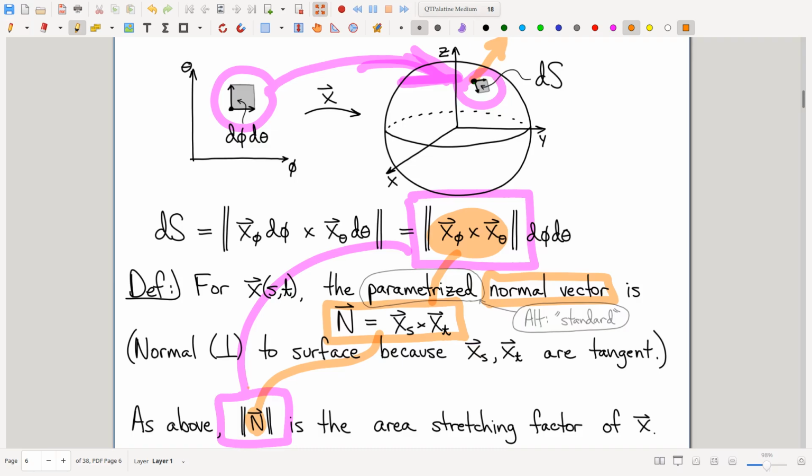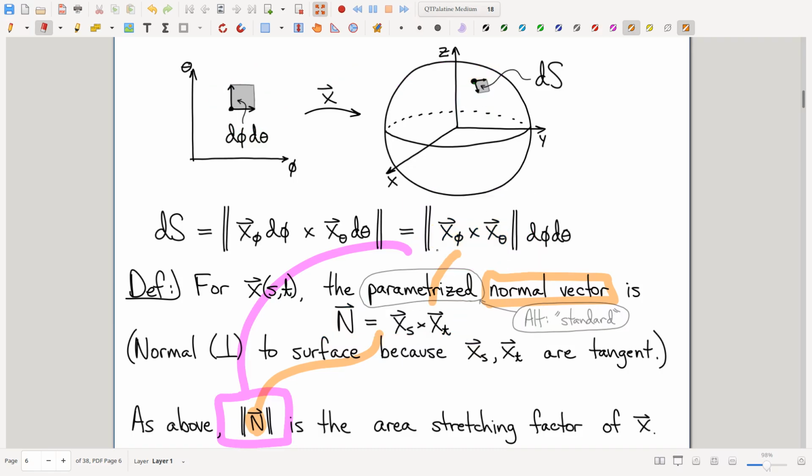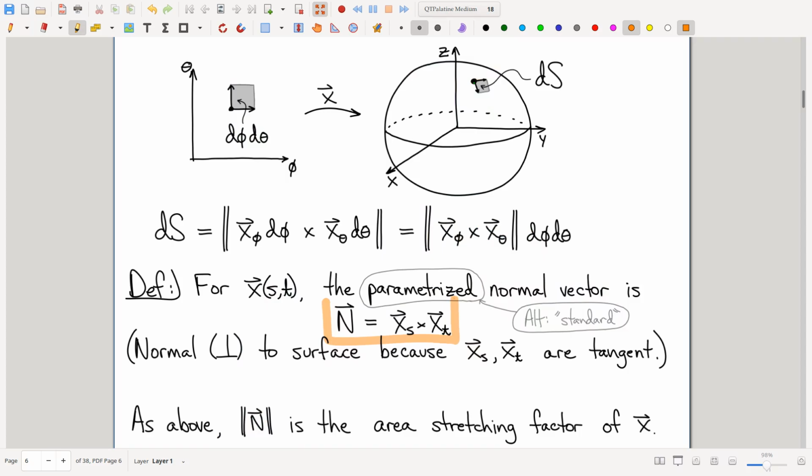I think an important observation has to be made about something fundamental to its nature, and that is, you can see it right here in the formula. This capital N comes from the parameterization, right? We have this parameterization that takes parameters, gives you points on the surface.